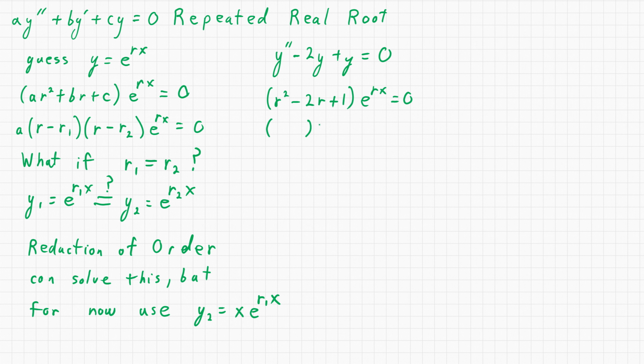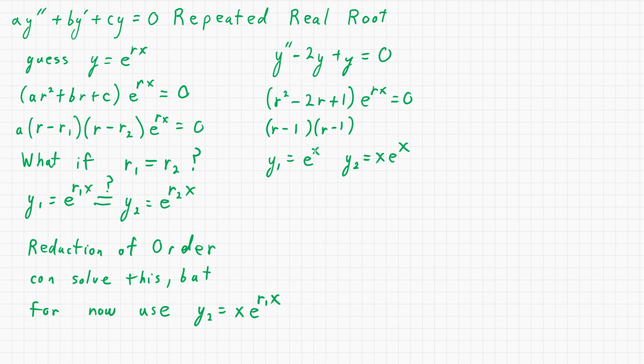And this factors into (r minus 1)(r minus 1). So if they were distinct real roots, we would have y1 is e to the x. We'd have y2, but we can't write e to the x again, so we're going to write x e to the x.